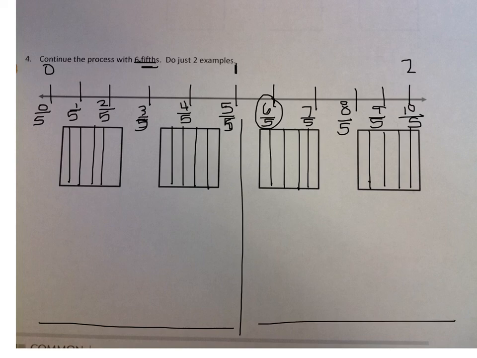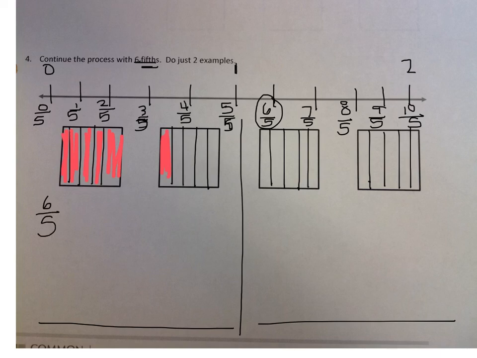We're going to go ahead and shade in 6/5. 1, 2, 3, 4, 5, 6. Now 6 of my total are shaded in.